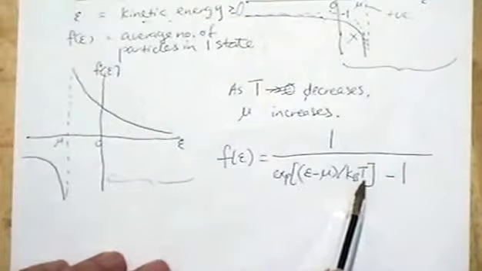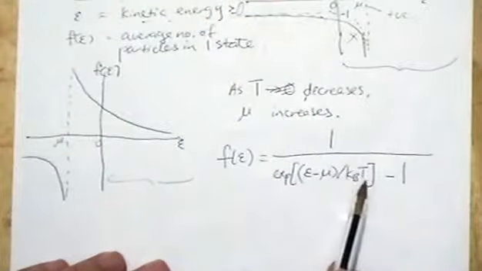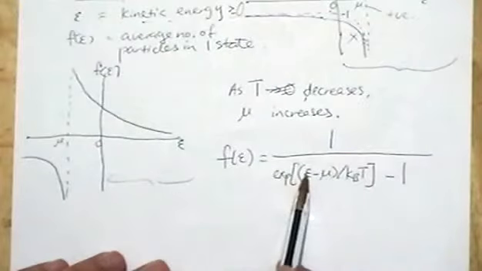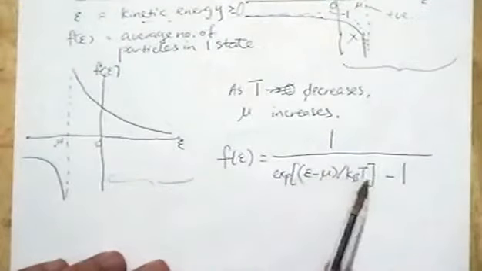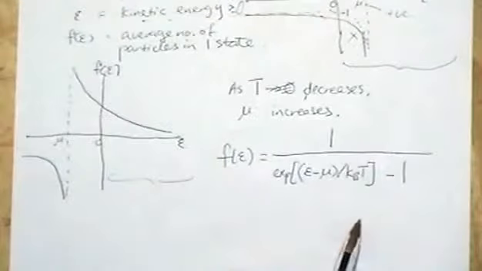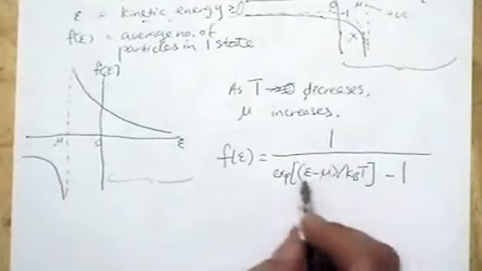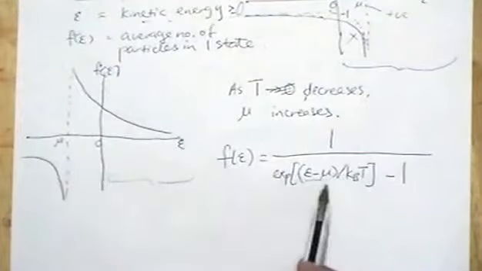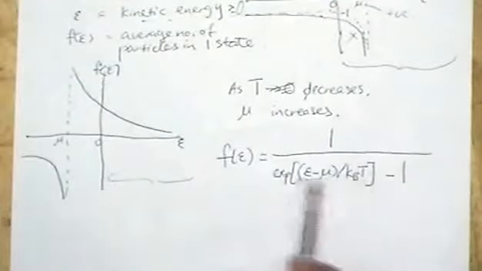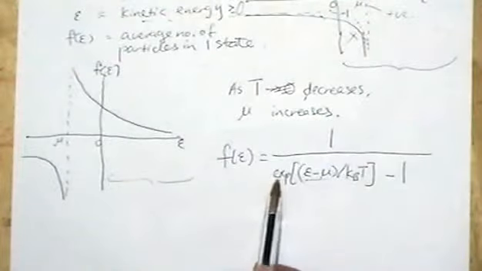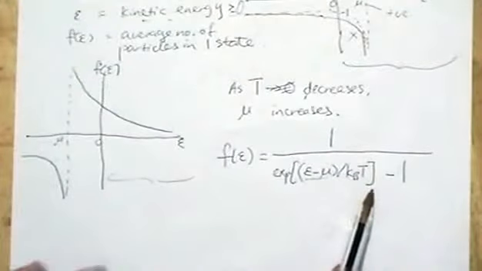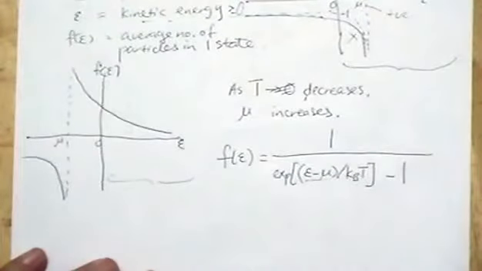If T decreases, T is in the denominator of the argument, so this argument increases. We know that E minus mu must always be positive, since E is positive and mu is negative. So as the denominator decreases, the argument increases. So the exponential of this increasing number also increases, and 1 over that decreases.